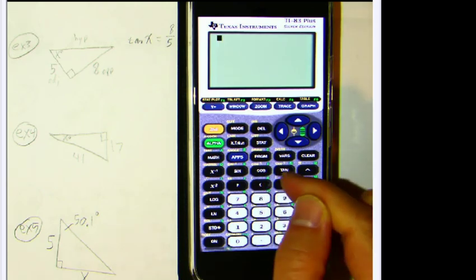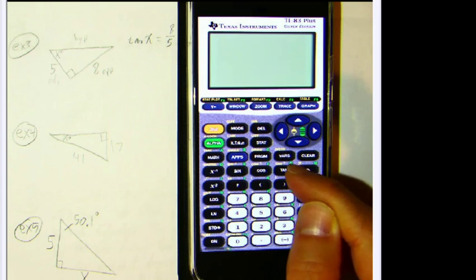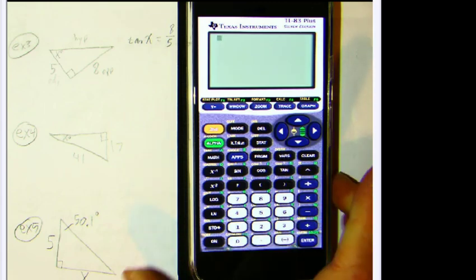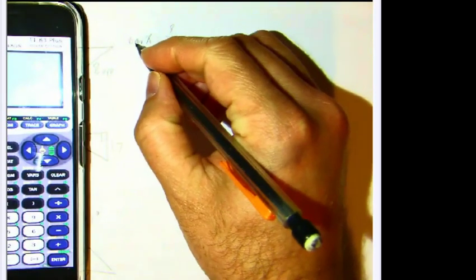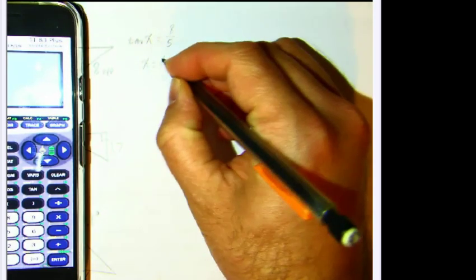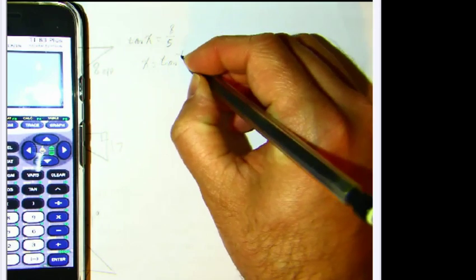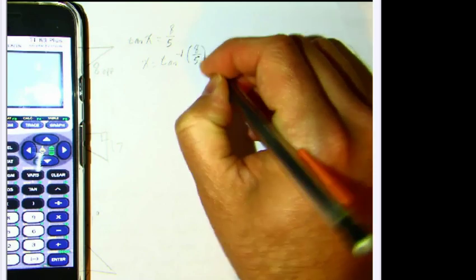Here we have tangent, and if you hit second tangent, you should see it says like tangent -1. So let's write this down, and then I'll show you on this calculator. So what we want, since we have tangent of x, we want just x. So we're going to do this inverse trig function like this, tan -1 of parentheses 8/5, like this.